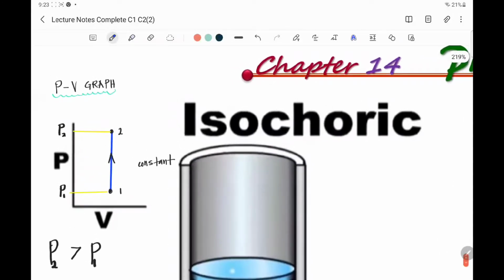This is the PV graph of isovolumetric process. The volume is constant. If we look at the arrow of the process, the pressure increases. Pressure at final state P2 is greater than pressure at initial state P1.